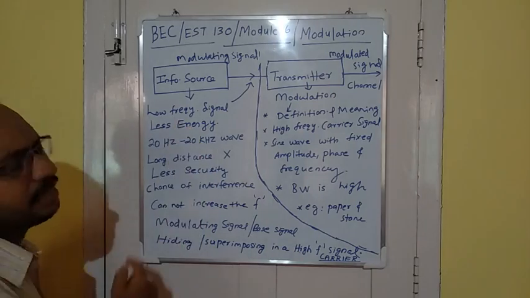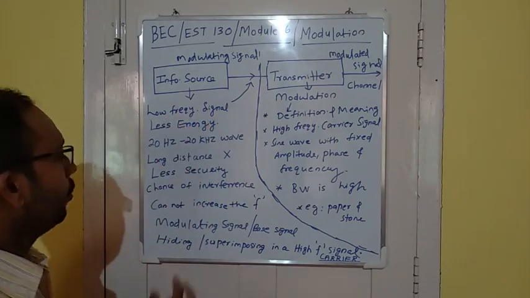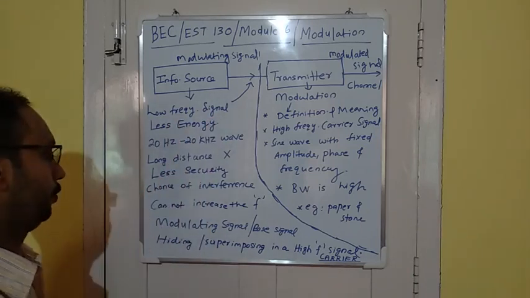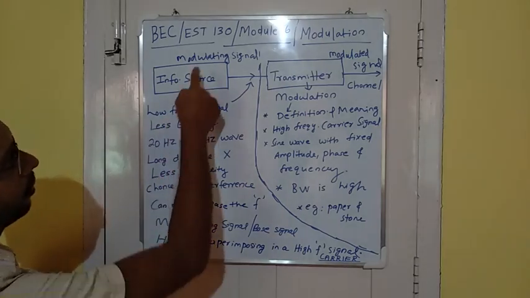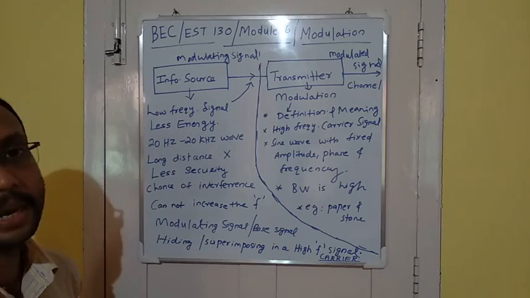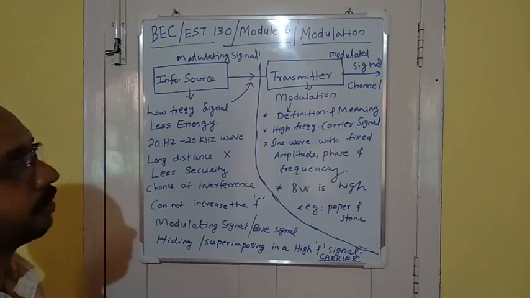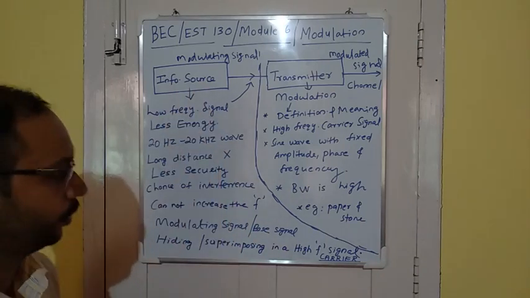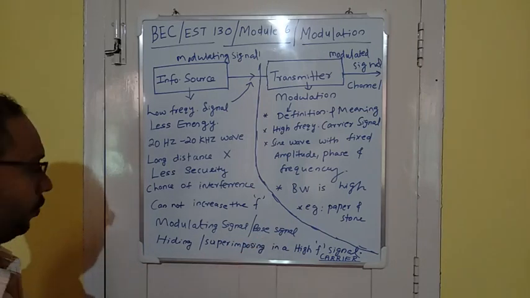As the signal is a low frequency signal, we cannot increase its frequency. So, this low frequency signal is known as the modulating signal. I introduced a new term, modulating signal. Modulating signal means this low frequency signal from the information source, or another name is base signal.